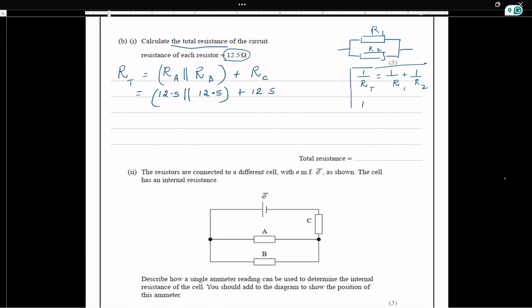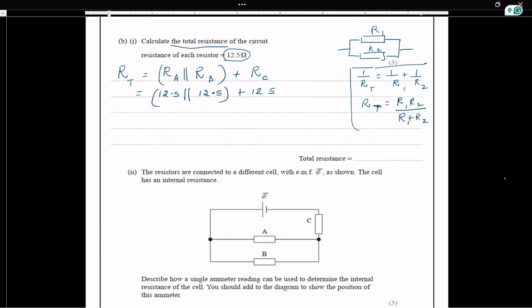Instead of this, I can give you a short form. After getting 1 over RT, you have to flip it to find RT. Instead, in one shot we can find the total resistance for a parallel combination of two resistors: it is the ratio of the product to the sum, R1 R2 over R1 plus R2.